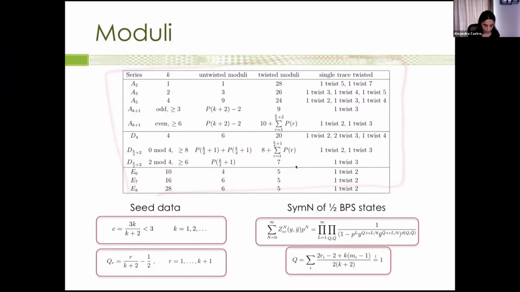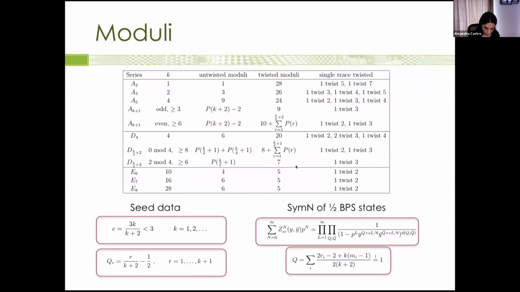Okay, so for the ADE classification, you get moduli in the untwisted sector, which is not super interesting. There's a bunch of moduli in the twisted sector, and these are the ones that are single trace. There's a bunch of them that are multi-trace and single trace, but if you just want the single trace ones, these are the ones.